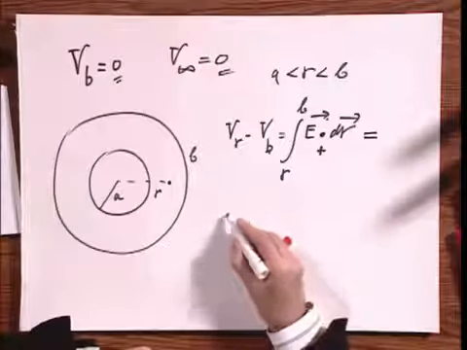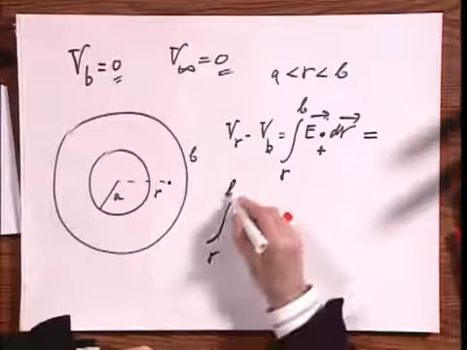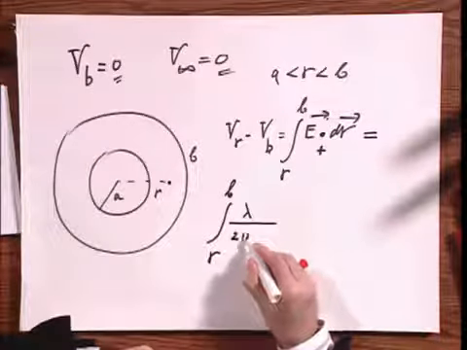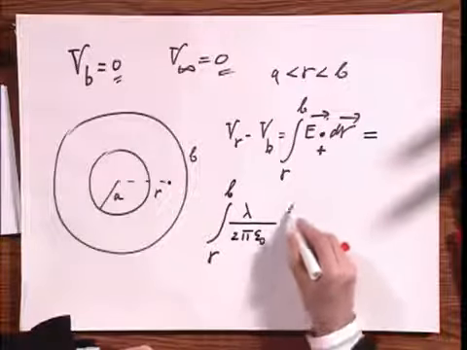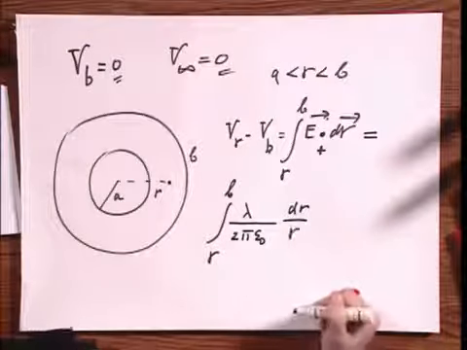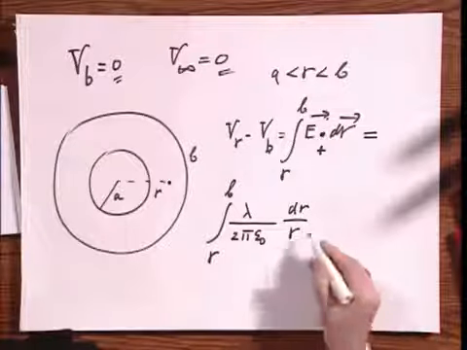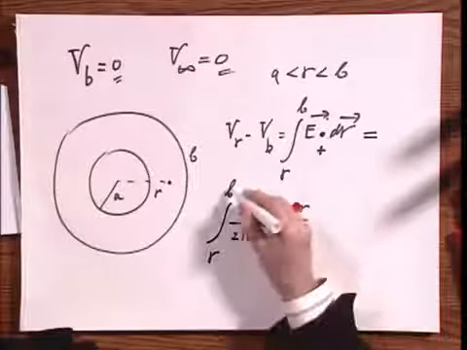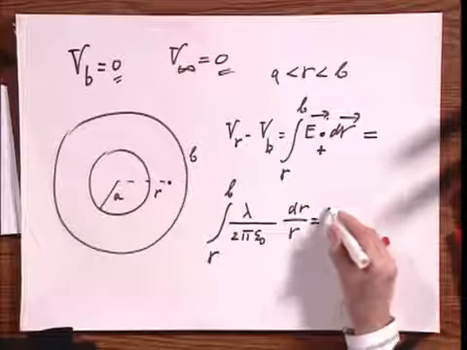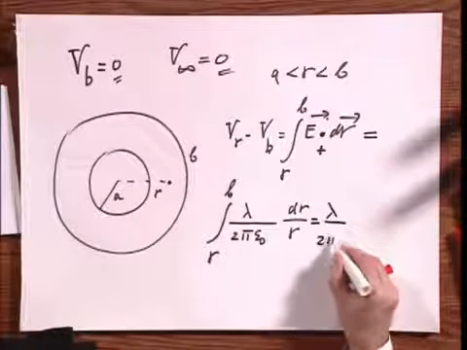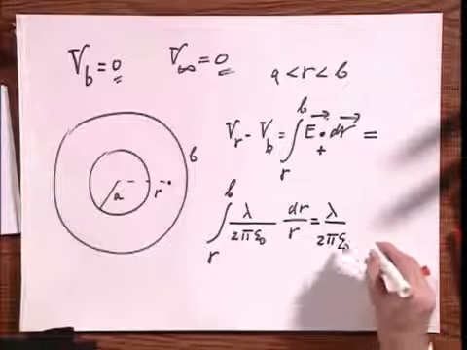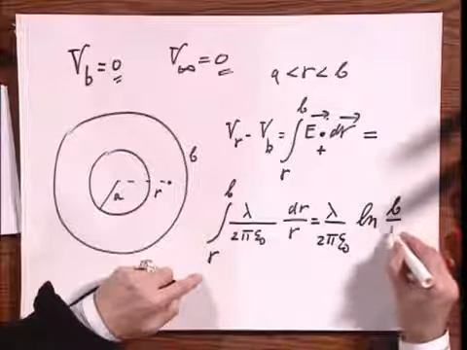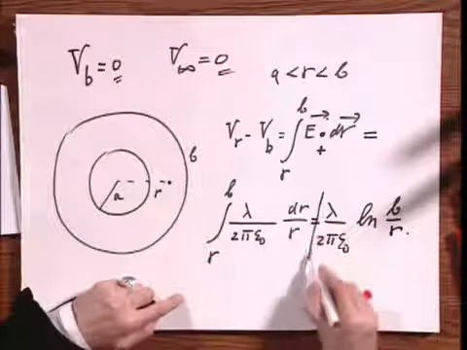And so that becomes the integral in going from r to B of lambda divided by 2 pi epsilon 0 dr over r, as we just calculated. Now this integral is the logarithm of r, taken between the values r and b. So this becomes lambda over 2 pi epsilon 0 times the logarithm of b minus the logarithm of r, which is the logarithm of b over r.